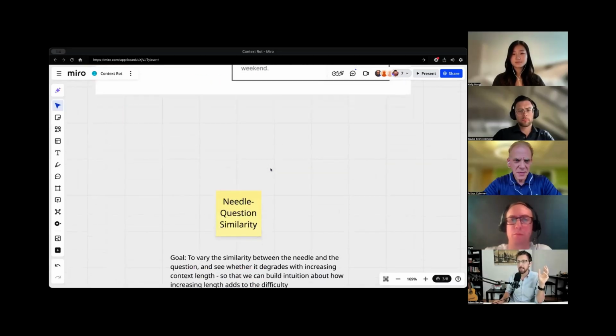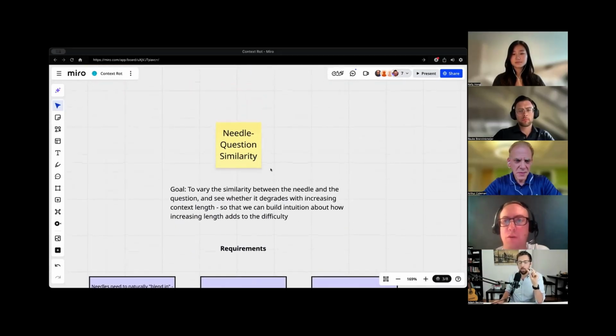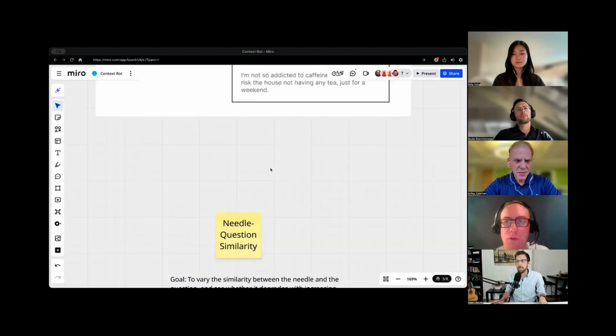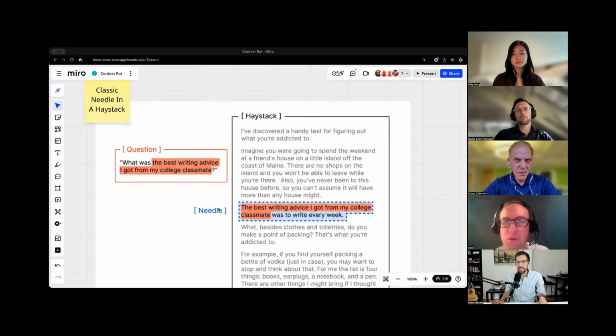Now let's figure out what we make of the relationship between how similar the needle is to the question. Maybe it's very easy when they're very similar. It says classmate, it says classmate. It says best writing advice, it says best writing advice. They're pretty similar. But maybe if they're very similar, but you increase the context window, now it's very difficult.